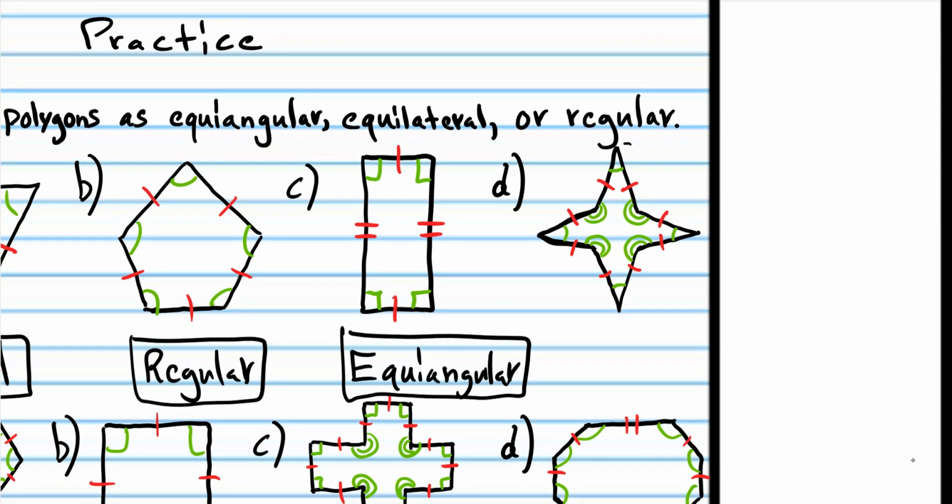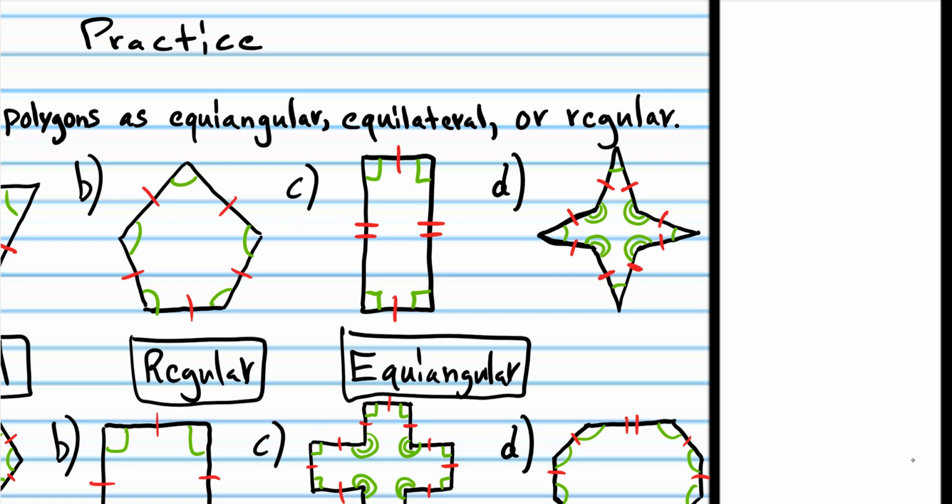Now in this case, we see we have a single arc at the ends of the star, but in the middle part of the star we have double arcs, so not all the angles are congruent, but all the sides are congruent because we have those red tick marks on all sides.